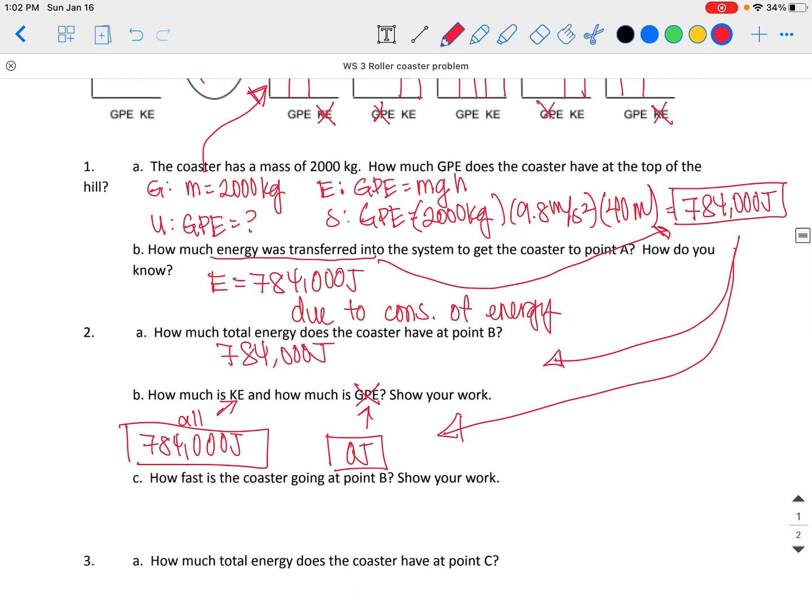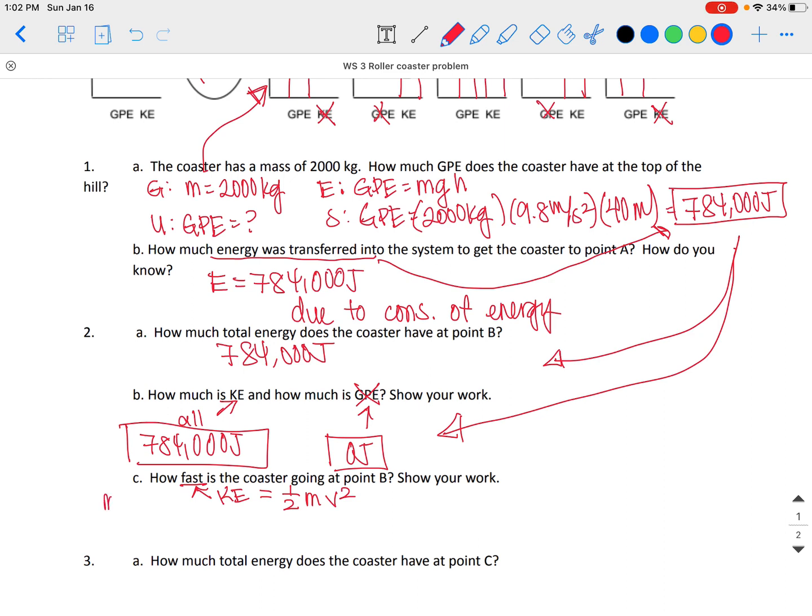In the next problem, it says, how fast is the coaster going at point B? When we talk about speed in terms of energy, we're talking about kinetic energy. And for this problem, we're going to end up using 1/2 mass times velocity squared, because that's our kinetic energy equation.